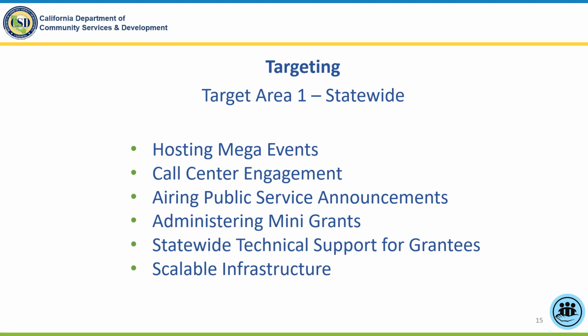Grantees may focus on activities designed to make an impact on the largest populations, including, but not limited to, social media, hosting mega events, airing public service announcements, radio interviews, call center engagement, etc. Statewide grantees may also incorporate and oversee mini-grants through the utilization of subcontractors to target specific areas to have the largest impact possible. Listed on the slide are some suggested activities.